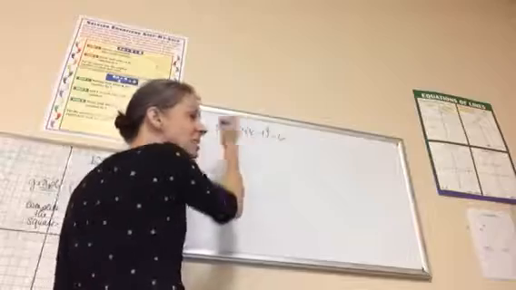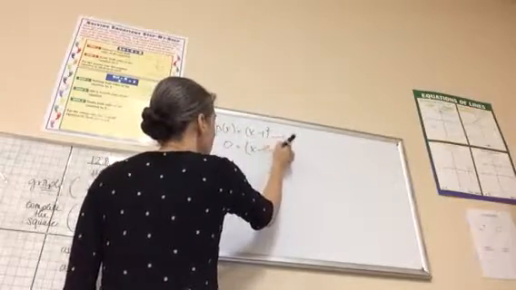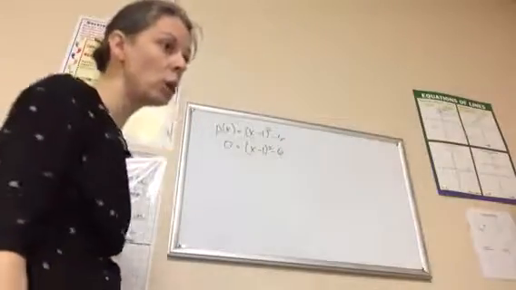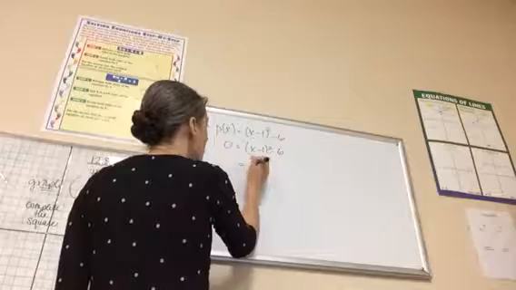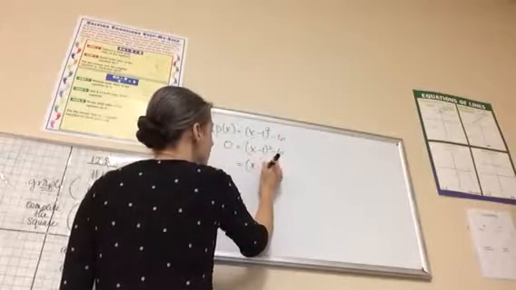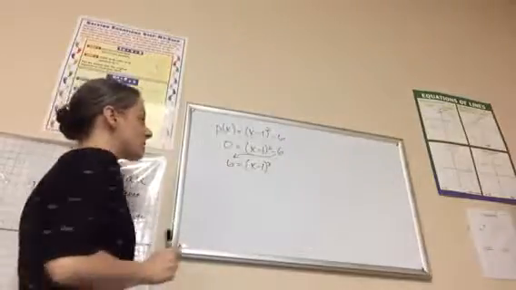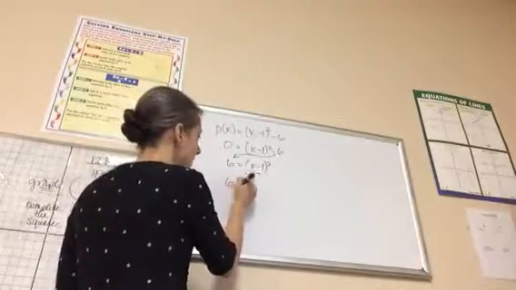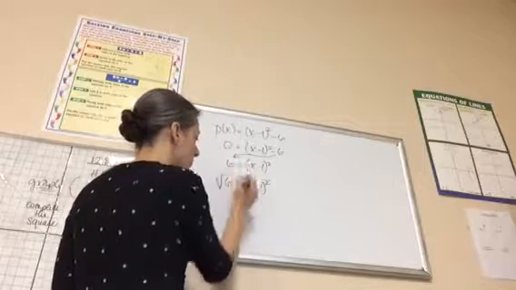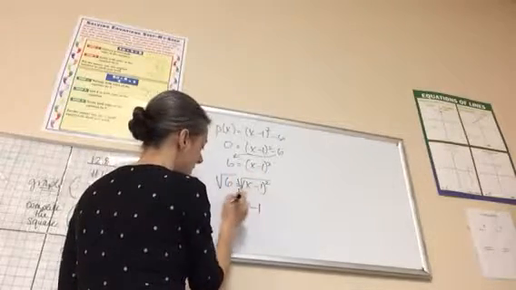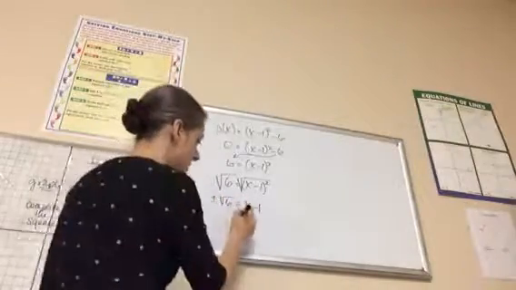So P of x is the same thing as y, so my 0 goes here, and I actually now have to work this out. I will be able to take a root of this if I move this 6 over here and change its sign. Then I can take the square root of both sides and get x minus 1 equals positive or negative square root of 6.